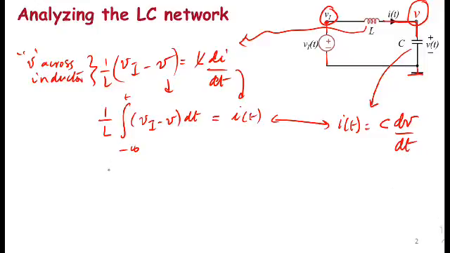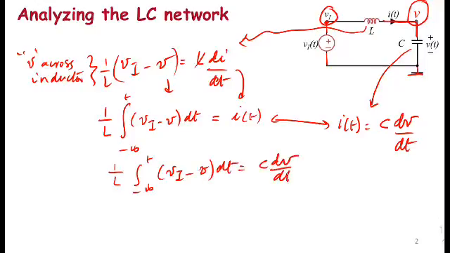I can write 1 by L, integral from minus infinity to t of Vi minus V dt, equals C dV/dt. Pretty straightforward.